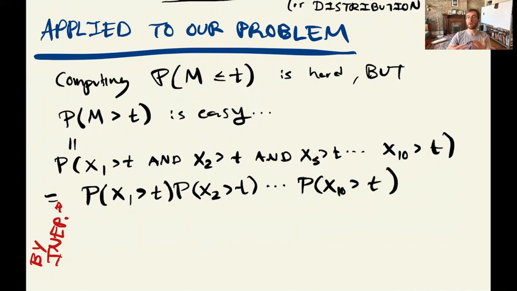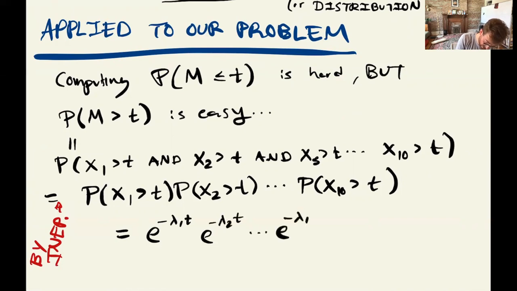Now, each of these probabilities that the failure hasn't happened yet is also sometimes called the survival function. And if you remember, we computed directly the formula for this. It looks like e to the minus lambda 1 t times e to the minus lambda 2 t, all the way up through e to the minus lambda 10 t.